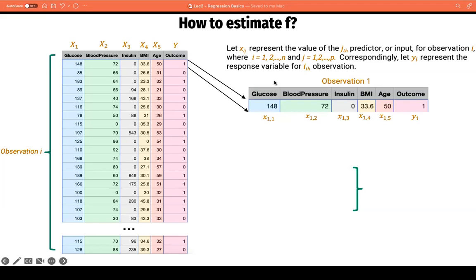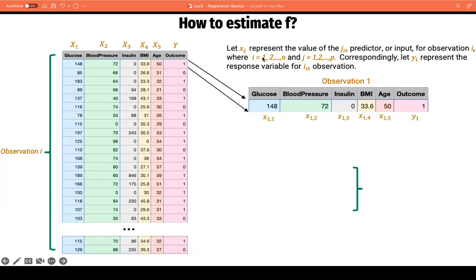What it means is, suppose we have this one row, this is our observation 1 or row 1, and we have predictors x sub 1 to x sub p.